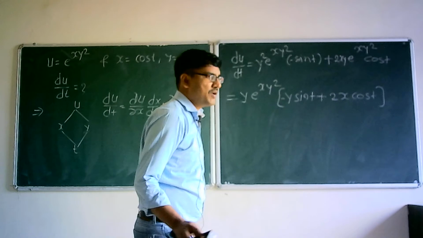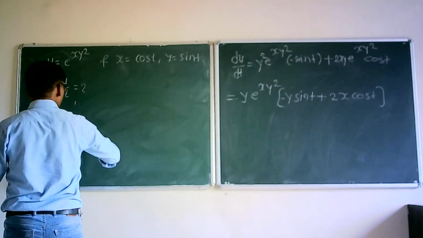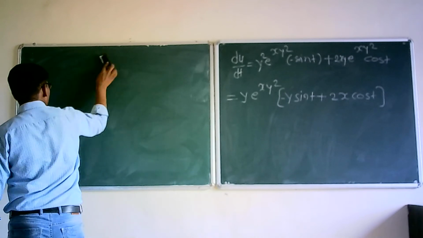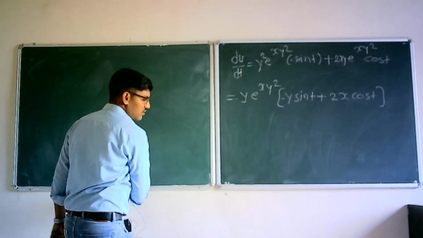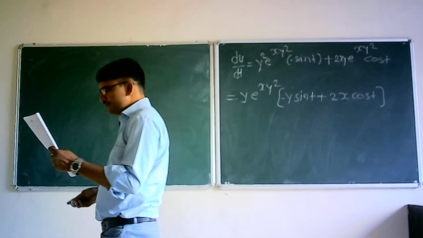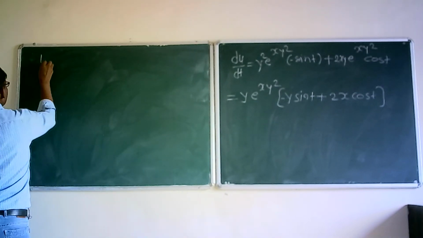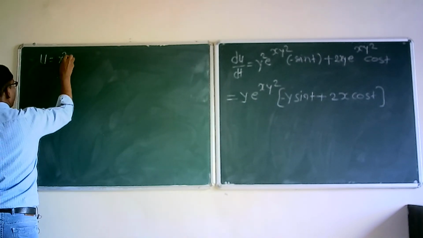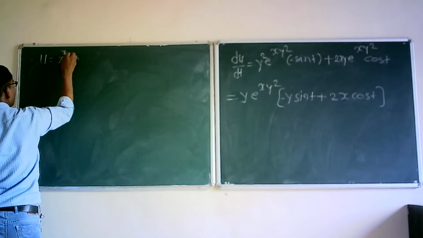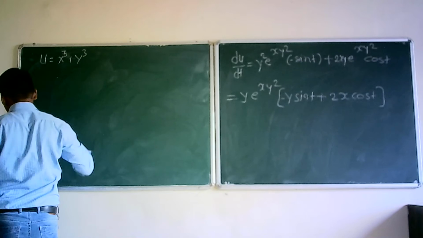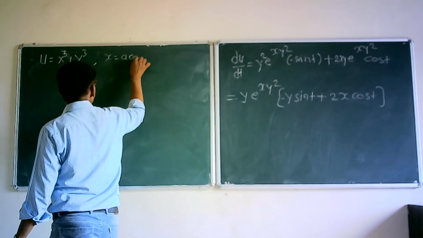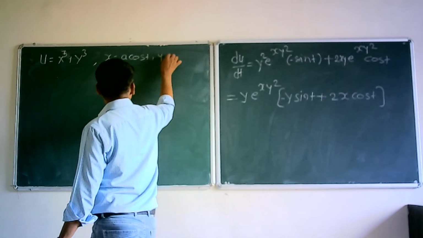So this is the total derivative of function u with respect to t. Take one more example. U is equal to x square plus x cube plus y cube, and x is equal to a cos t, y is equal to a sin t.